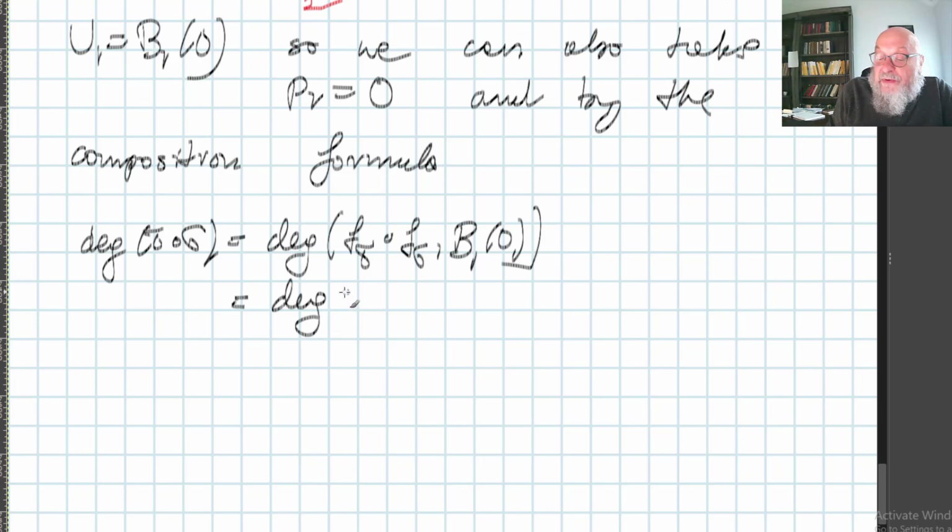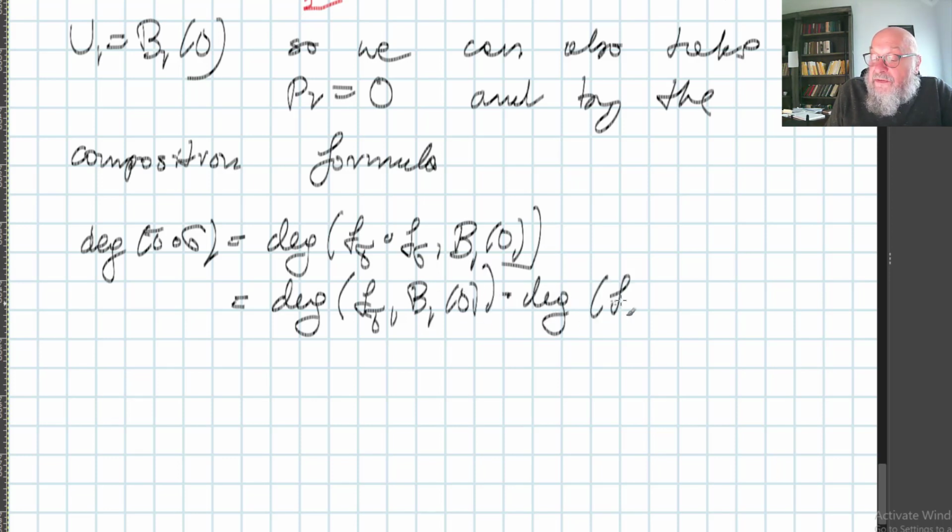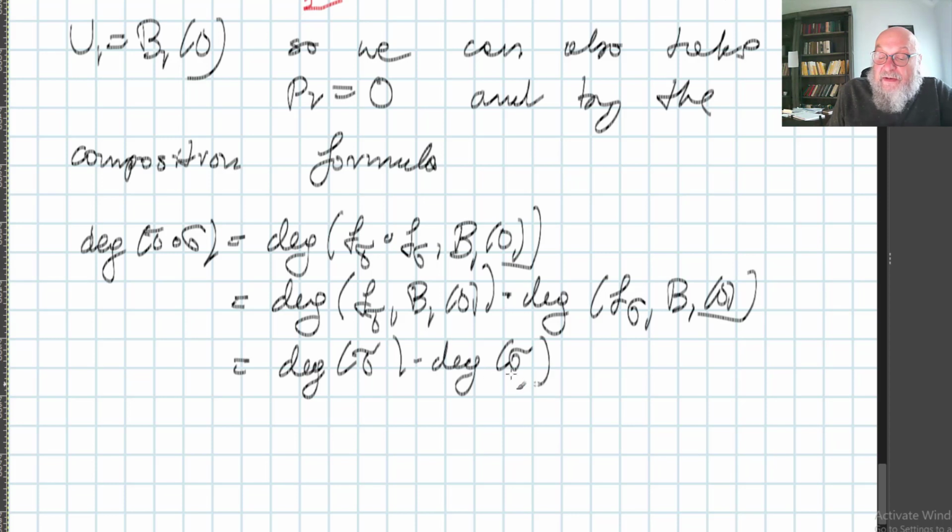So this is f tau, and p1 is 0, so this will be b1 0 times the degree of f sigma, and this is b1 0, and then this implies that this is the degree of tau times the degree of sigma. And the statement follows.